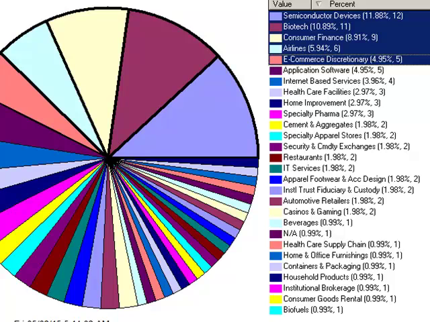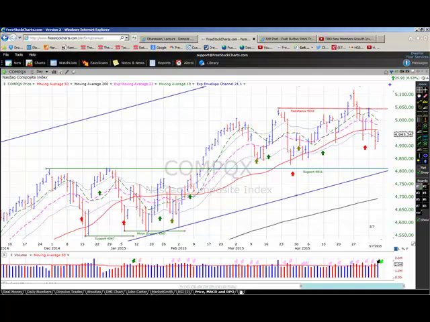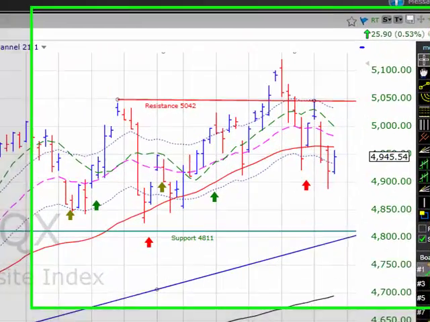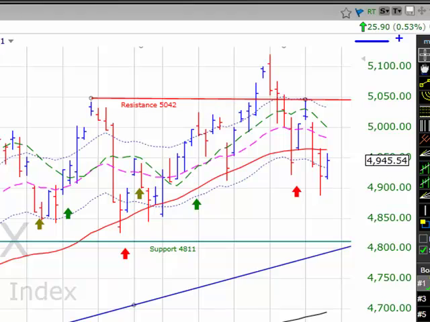Let's take a look at the Nasdaq Composite. Yesterday, the Nasdaq Composite was up 25.9 points, or just over 0.5%. Nasdaq closed at 49.45 and found resistance at its 50-day moving average. We show the 50-day moving average here in red.